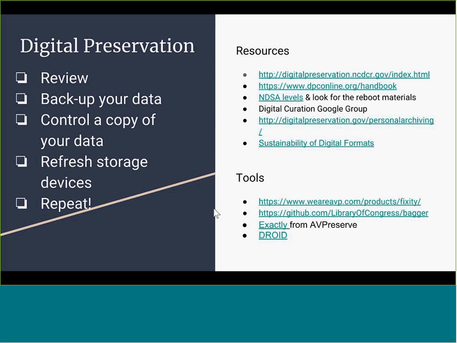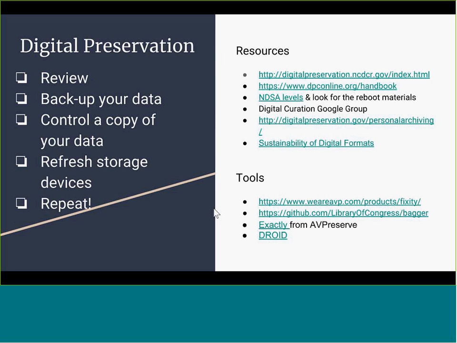There are other tools that can also create checksums, and one digital preservation management activity would be periodically validating those checksums to make sure that nothing has happened to your files. A tool you might use for this is called Bagger, and it's from the Library of Congress.